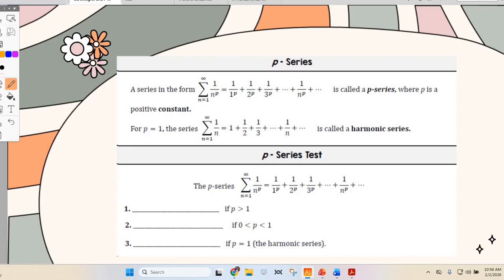But we can also think through this logically. If I have a base, and the P value is just staying the same, but my base is getting bigger and bigger and bigger, then what's happening to that whole fraction?